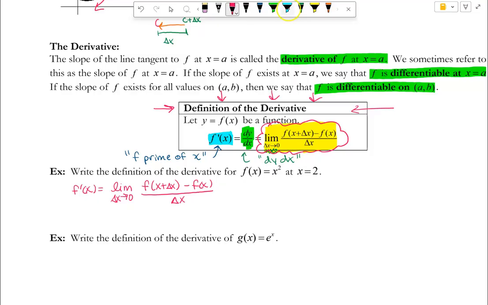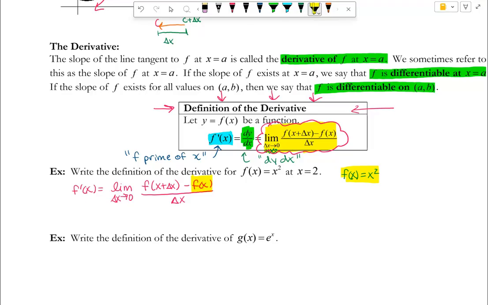But for our function, we need to be more specific because we are given an actual function, f of x is x squared, and we are given a particular location on our x-axis to use, which is x equals 2. So out to the side, I might think, if f of x is x squared, I'm going to replace f of x with x squared in this part of my definition.